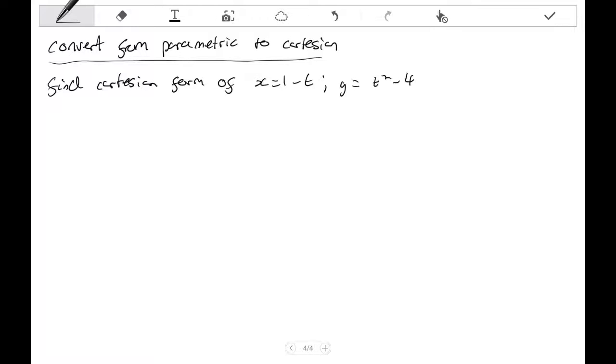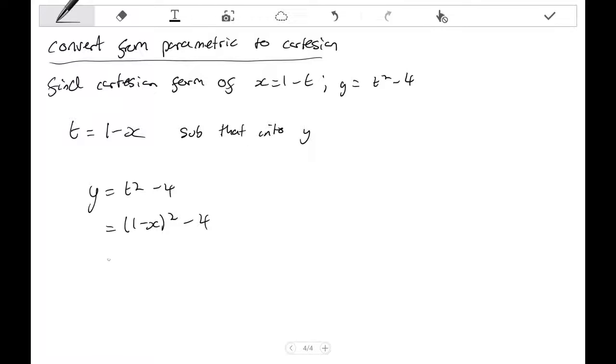The way we go about it is if we rearrange the equation for x, we can say that t would be equal to 1 minus x. Okay, and if we sub that into y, we get y equals t squared minus 4, which would now be equal to (1 minus x) squared minus 4, which if we expand the brackets would be 1 minus 2x add x squared minus 4.